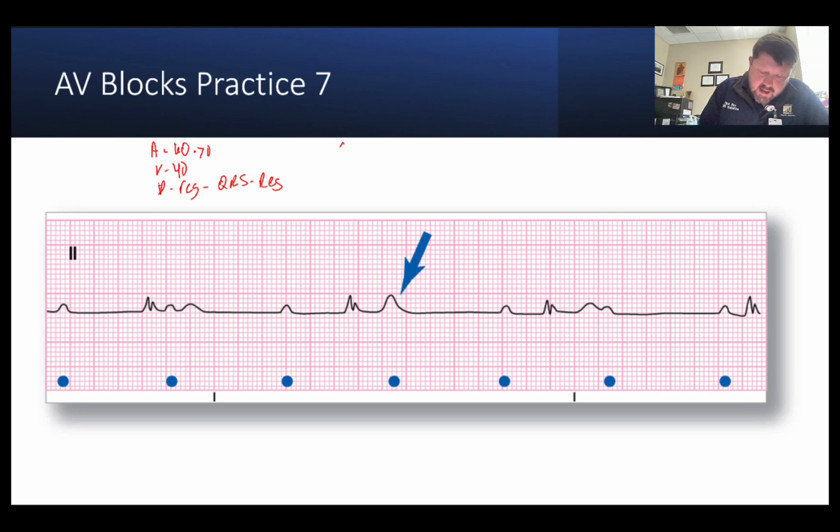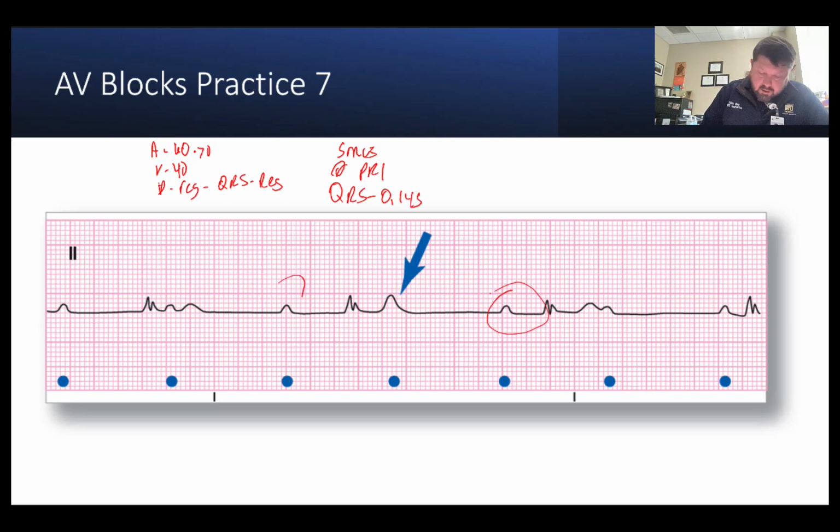The P waves are sinus P waves, and we're going to have a sinus rate here. There is no PRI, and the QRS is wide at 0.14 seconds.